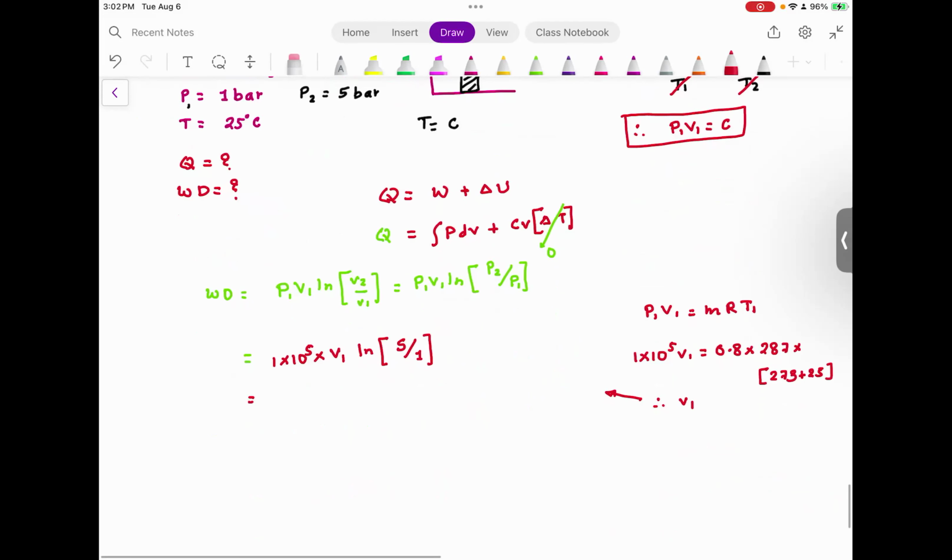And for the constant temperature process, Q is equal to work done. Is it compression or is it expansion? Oh, it's compression. So this is P1 divided by P2. So this is 1 divided by 5.